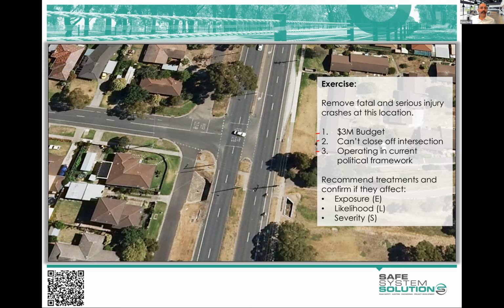All right, keep thinking and pop your ideas in once you come up with them. Now remember, exposure, likelihood and severity on your ideas, and you can do multiple things if you want.